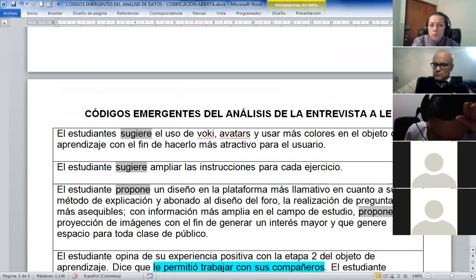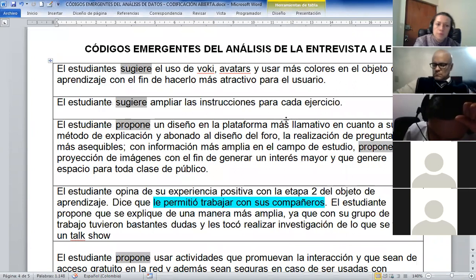So what you need to do is find out if the other 3 students have the same suggestions. If they do, you move those that are similar to the new matrix, because you are grouping only the similarities.